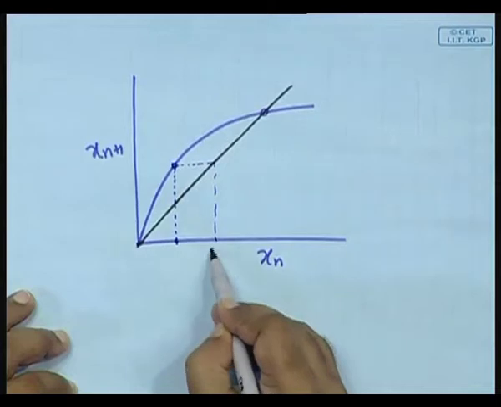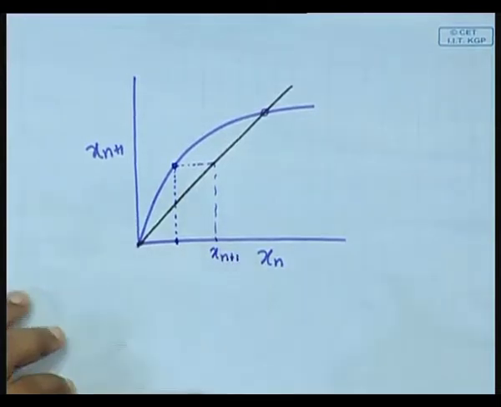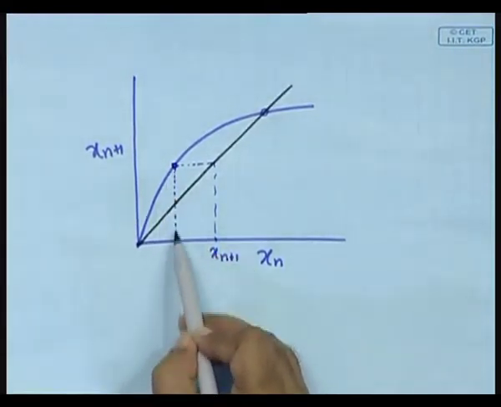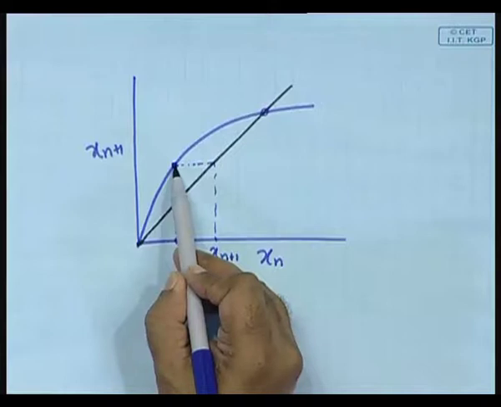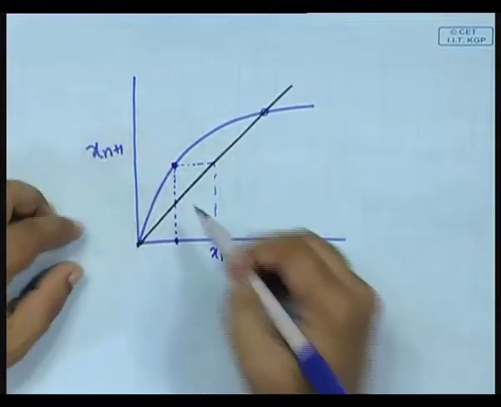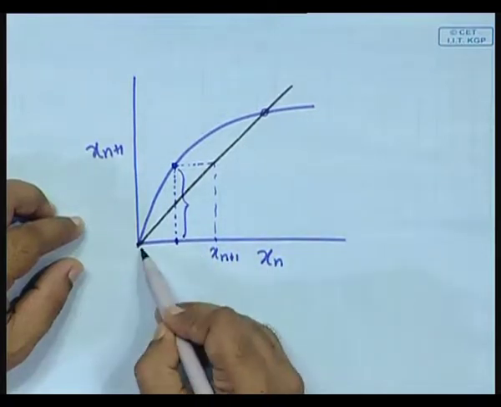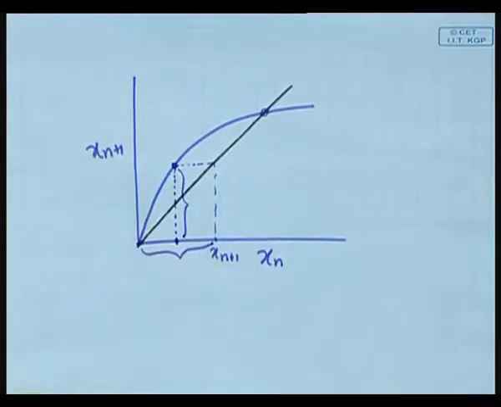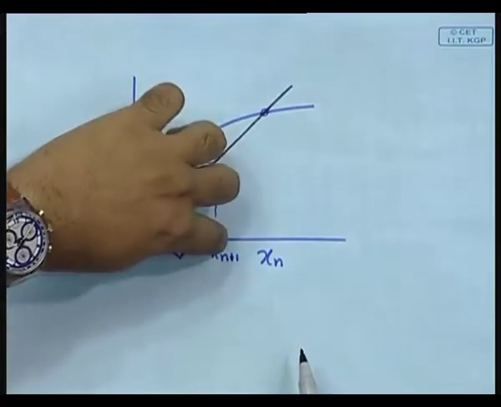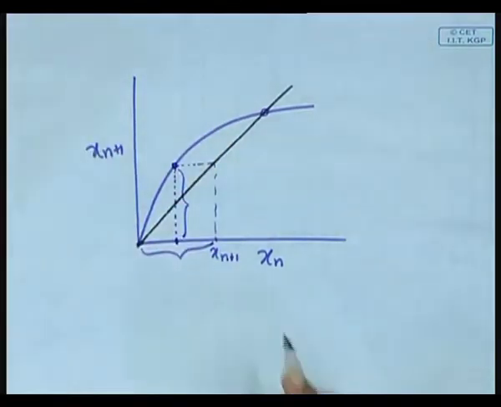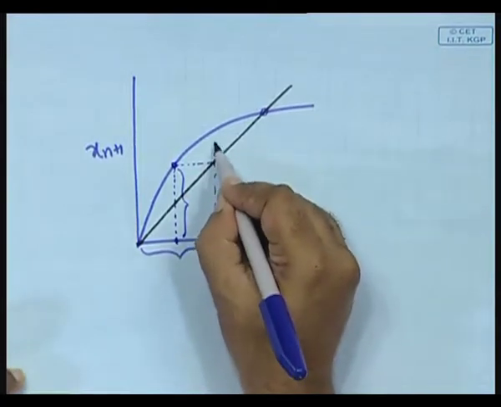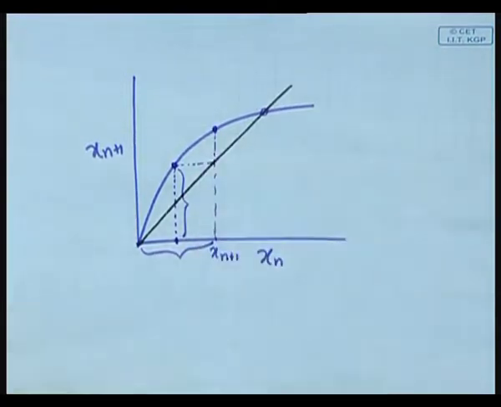So, this is your x n plus 1, right. So, here we went up to the graph of the map and then we wanted to bring this one here, that is what we have done. Okay. This part we have brought here, and what will be x n plus 2? Simply from here go up to the graph of the map here. So, this is x n plus 2.